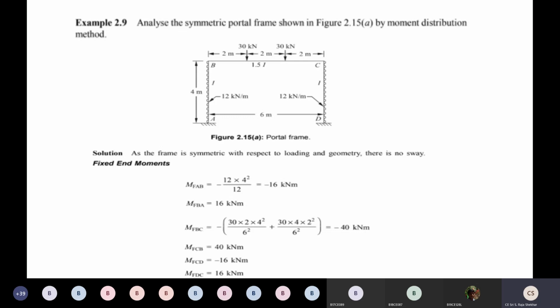Calculation for a given figure or given structure or frame or a building, whatever it may be. Analysis is nothing but clearly examining the structure or object in terms of force and moments.